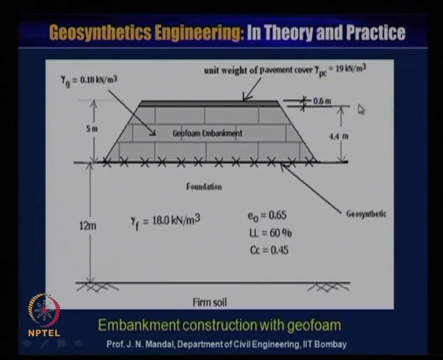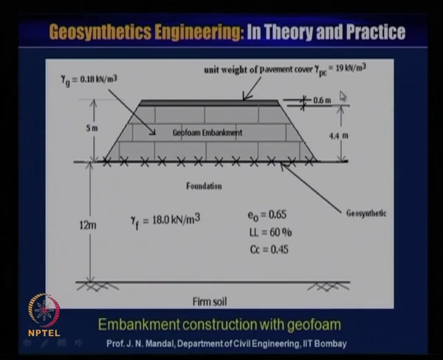Here you can see this is 4.4 and density is 0.18 kilonewton per meter cube. So 4.4 into 0.18 kilonewton per meter cube for this part, and for this part, the unit weight of the pavement cover gamma PC is 19 kilonewton per meter cube and the thickness is 0.6.